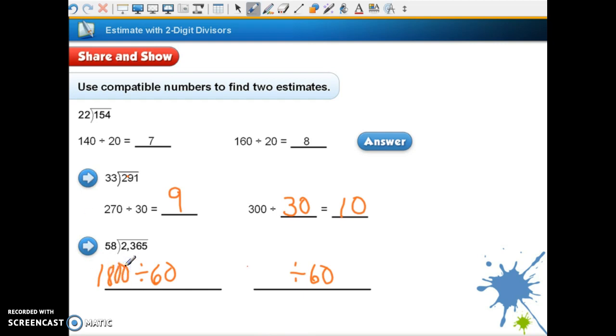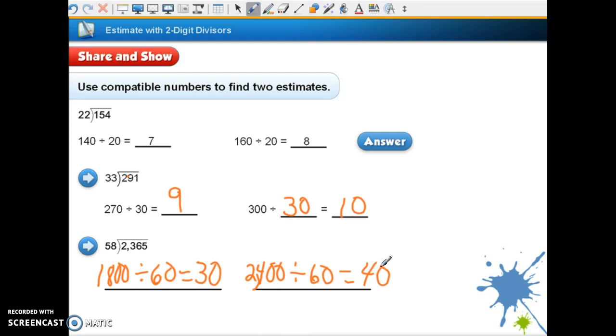And just above that was 24, or 2,400. So there are 3 6's in 18, so there are 30 60s. And there are 4 6's in 24, so there are 40 in 2,400.